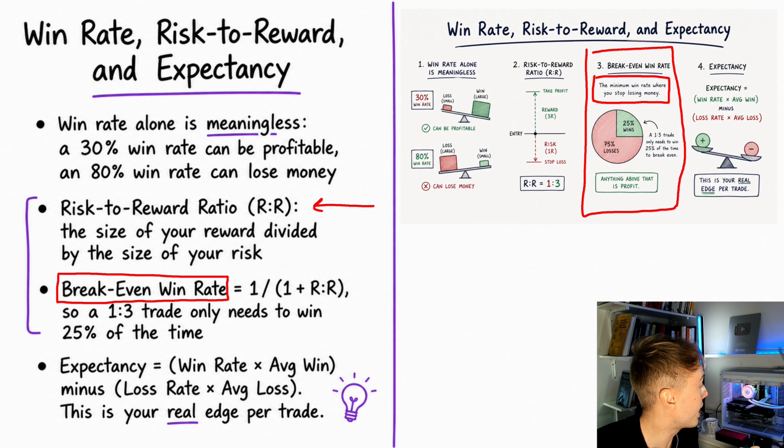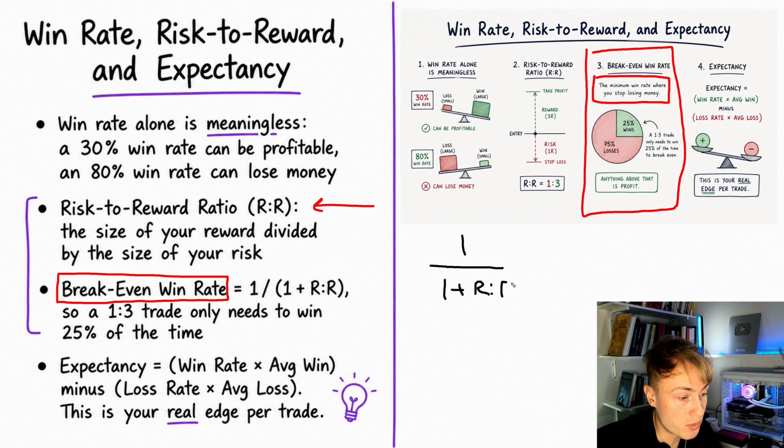And for this, we actually have a very simple math formula. It's not super important to learn, but if you want to, I can just write it down. It's basically 1 divided by 1 plus your risk to reward.